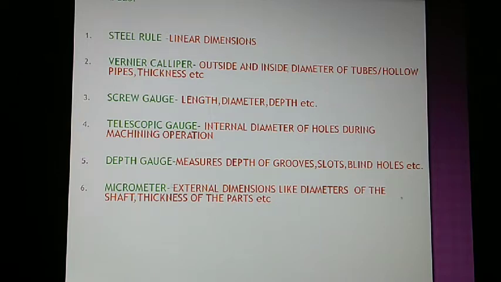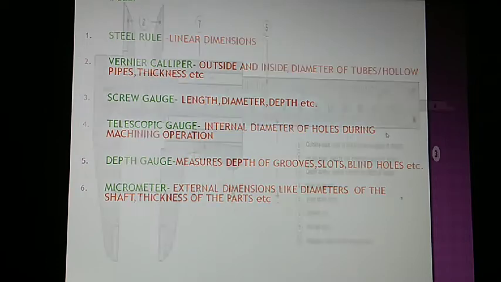And the micrometer in a similar way measures external dimensions like the diameters of shafts, thickness of parts, etc. Therefore these instruments are very much essential, and these are called contact inspection methods, for which there should be a physical contact between these instruments and the object.